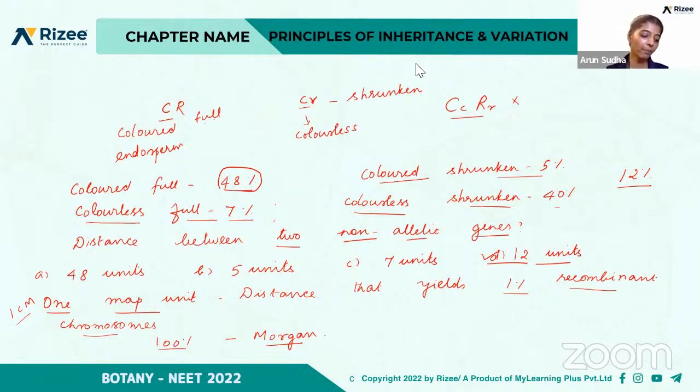Among the 7 pairs of contrasting traits in pea plants studied by Mendel, the number of traits related to flower, pod, and seed respectively was: option A 2, 2, 2, option B 2, 2, 1, option C 1, 2, 2, and option D 1, 1, 2. What is the right option?